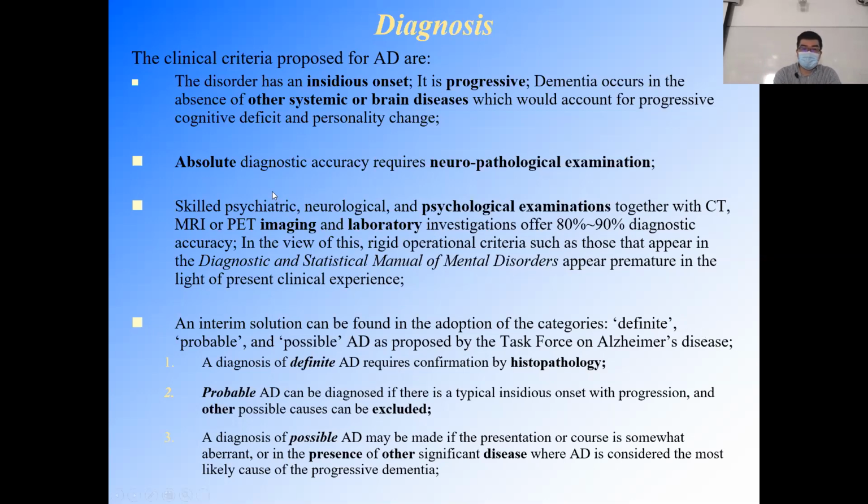There's no absolute diagnosis except in the final stage, with the neuropathological examination. The reason is that there is a characteristic pathology in Alzheimer's disease, and those will be different from other dementias. Now, psychiatrists or neurologists can do the psychological examinations.